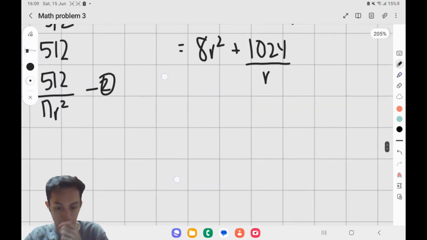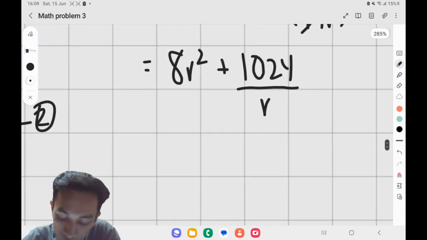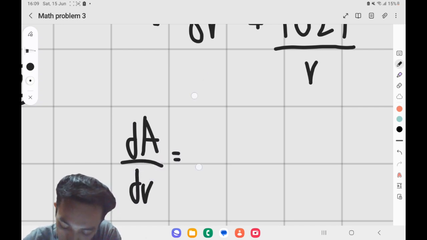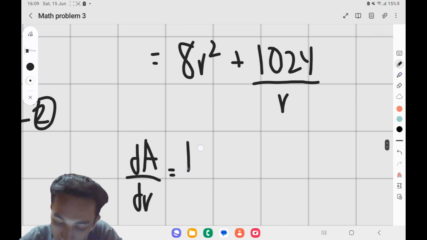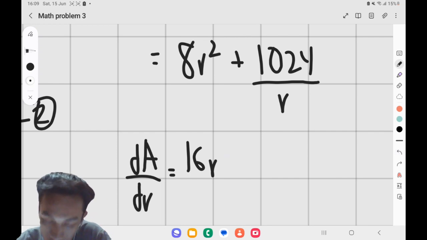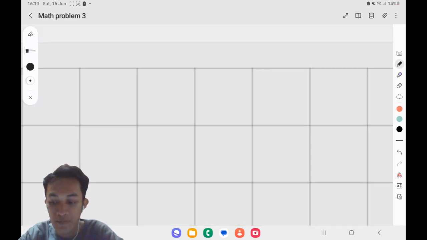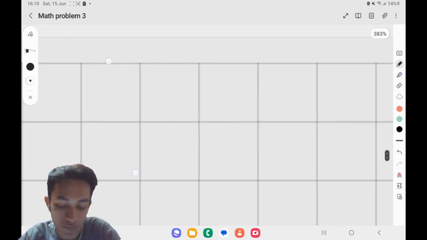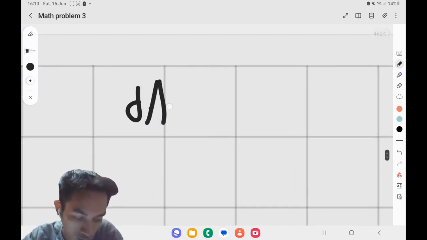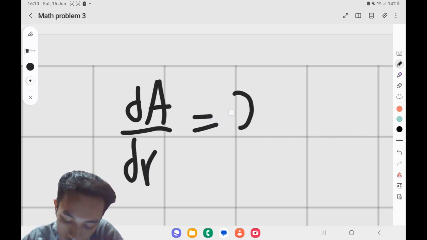Next, let's find the first derivative of area. dA over dr equal to 8 times 2 we got 16r, the square minus 1, 2 minus 1 we got 1, so we don't have to write it, minus 1024 over r square. Next, to obtain the minimum value, we must make the first derivative equal to 0. So dA over dr equal to 0.